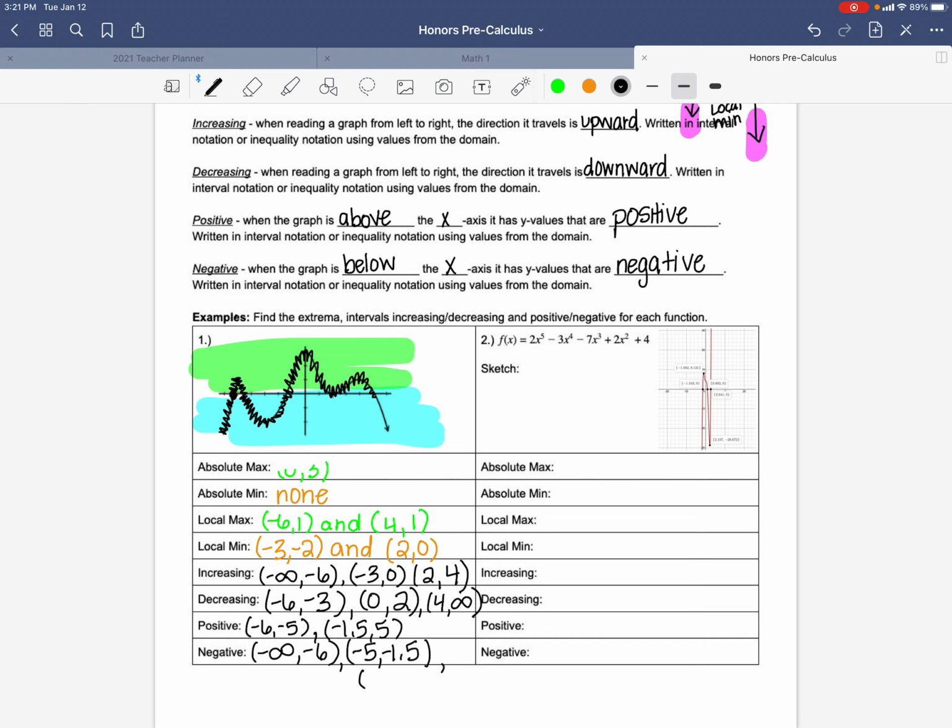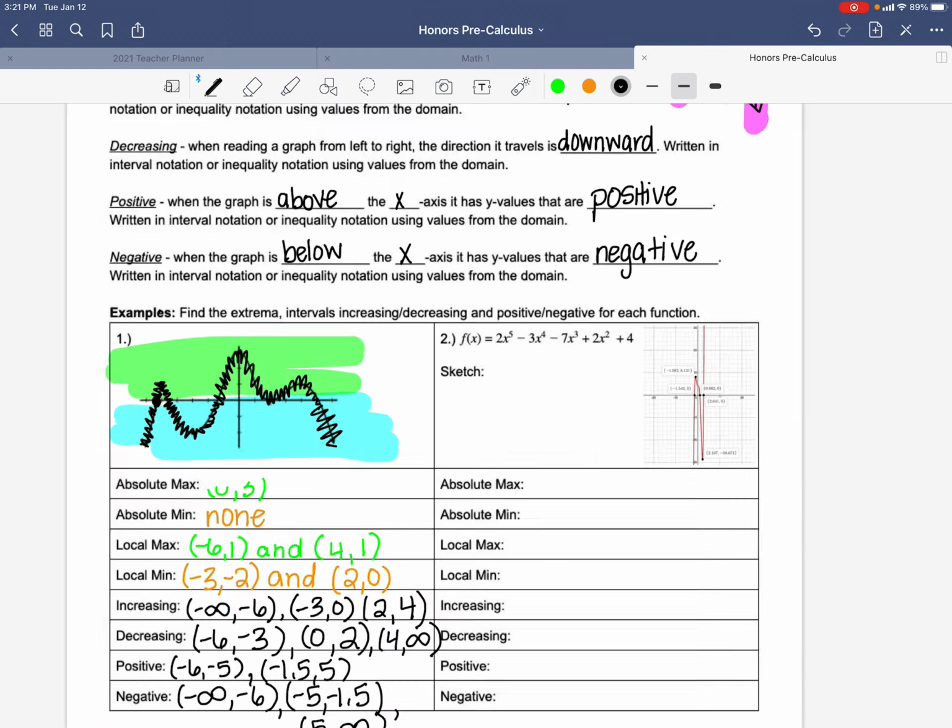And then finally we go to the negative side again, below the x-axis, from 5 to positive infinity. Okay, so increasing and decreasing are based off of the values of the maximum minimums, the x values, and then positive and negative are based off the x-intercepts of where it goes above the x-axis, where it goes below the x-axis.